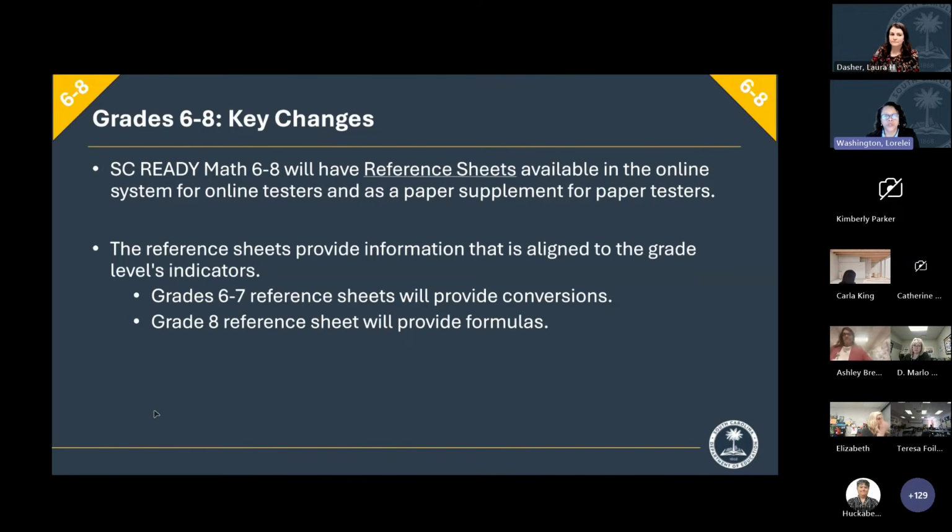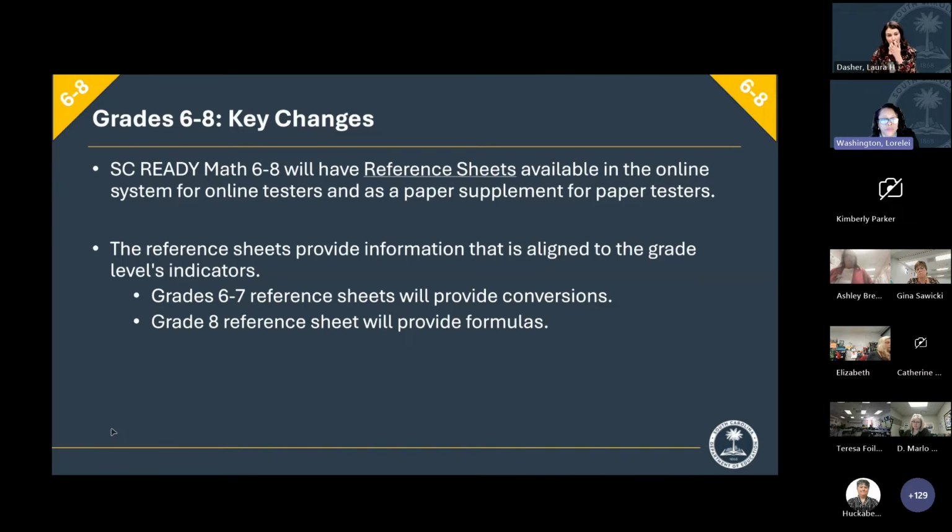So the reference sheets. Grades 6 through 8 will have reference sheets available in the online system for online testers and as a paper supplement for paper testers. The reference sheets will provide information that's aligned to the grade level indicators.